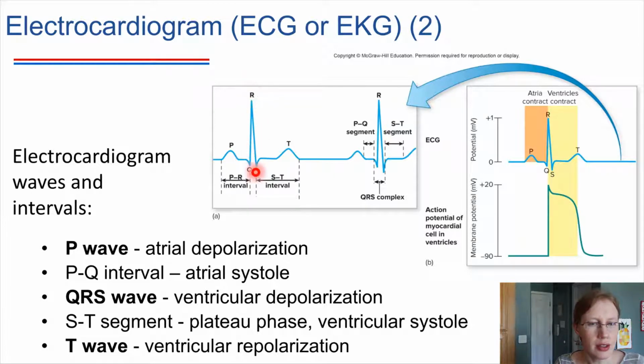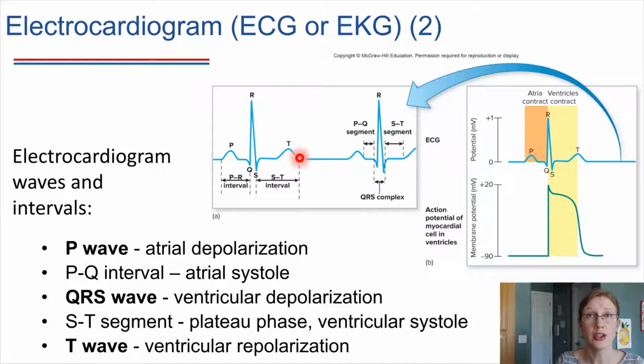The QRS corresponds to the ventricles depolarizing. Right after that depolarization takes place, the ventricles will contract. Systole will take place, so ventricle contraction occurs. And then finally the T wave corresponds to repolarization of all of the cells in the ventricles.